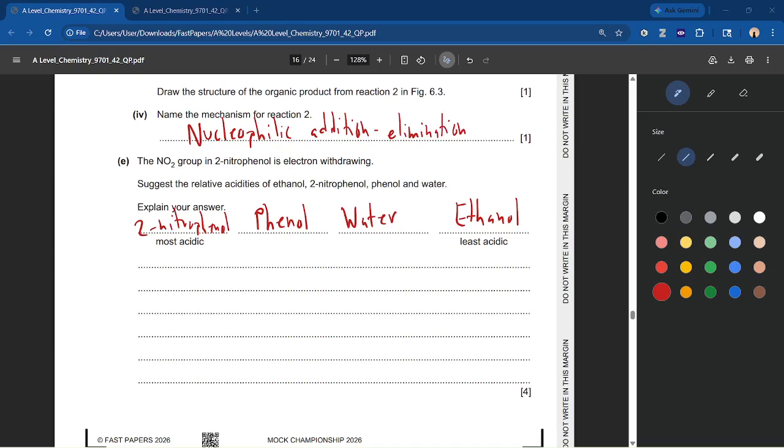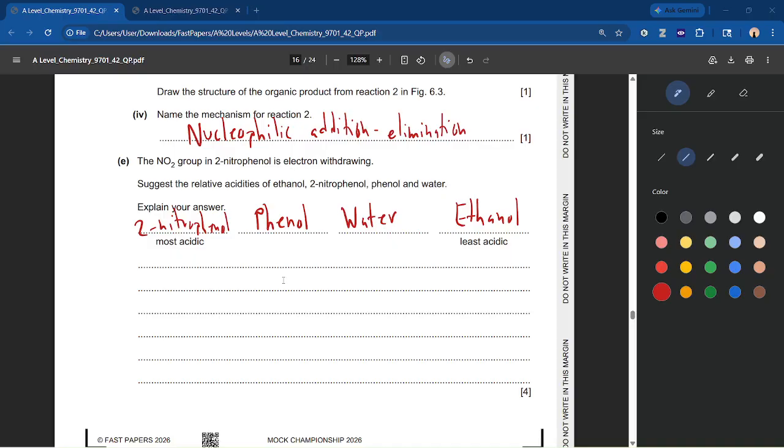Whereas if you look at phenol, it's still more acidic than water and ethanol because it has a phenoxide ion, and that stabilizes any negative charge that forms because it's able to delocalize and overlap with the pi system, as we mentioned before, which increases the electron density.